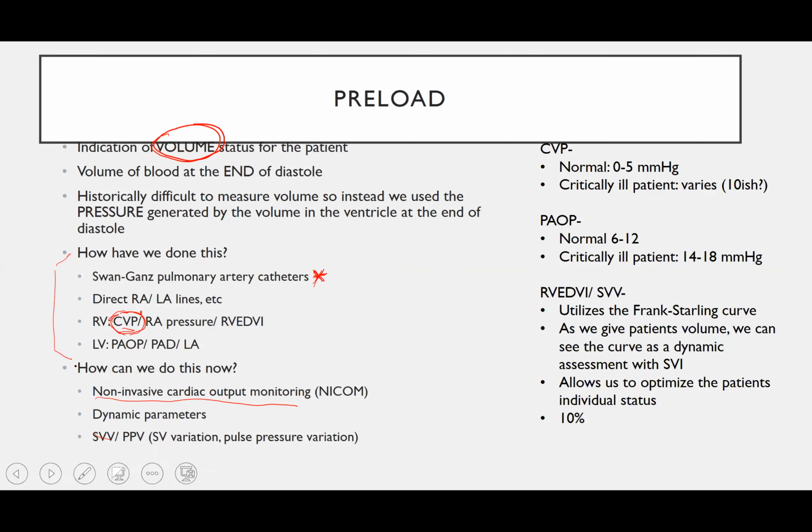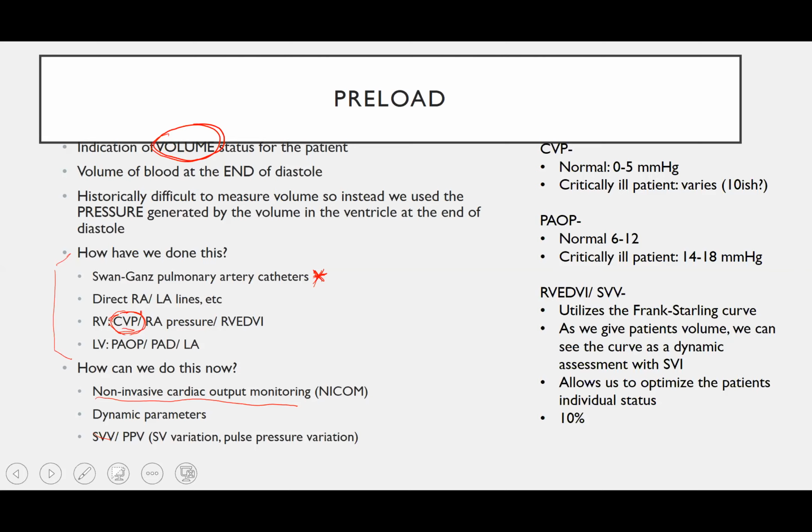All right, and over here I just included some normal values for some things that we measure. The central venous pressure, very common to measure. The PAOP, very common to measure. And then the right ventricular end diastolic, kind of common to measure.